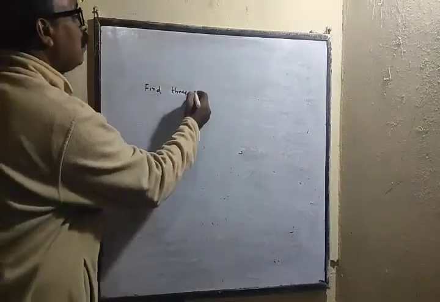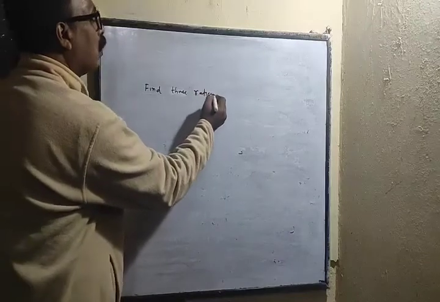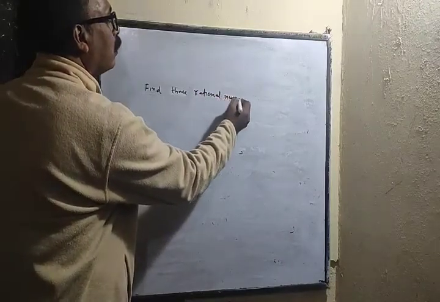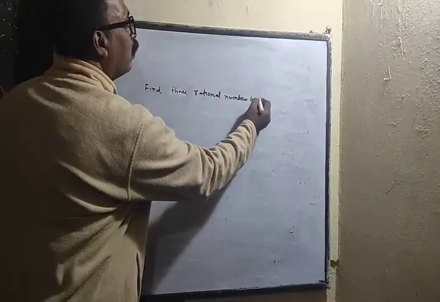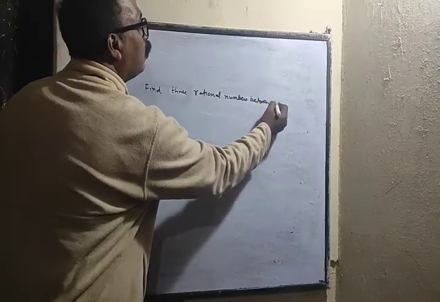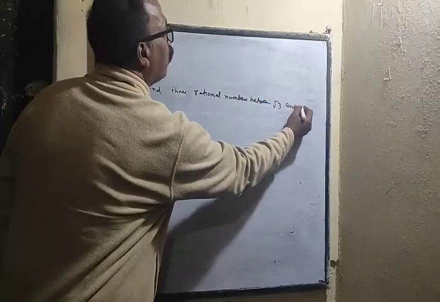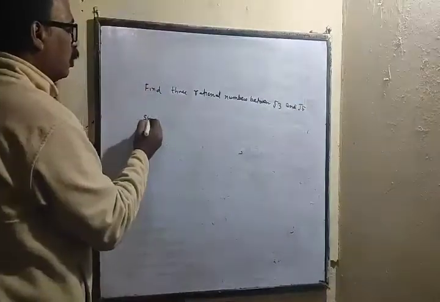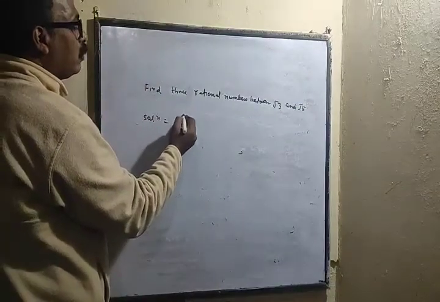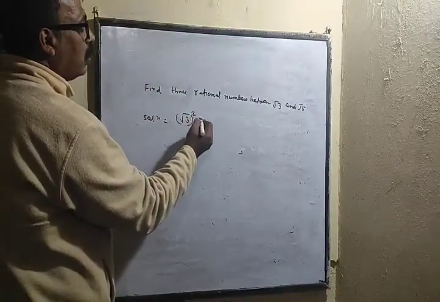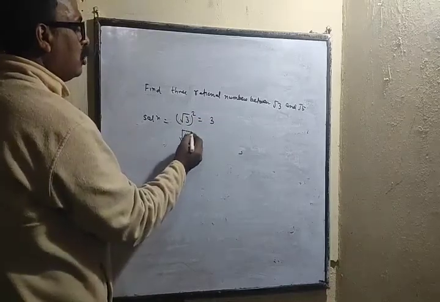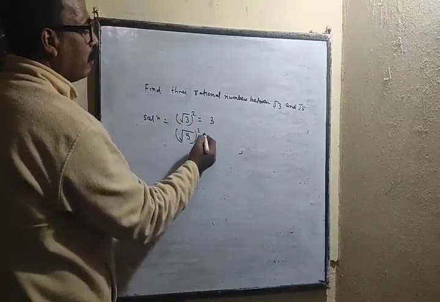Next type of question is: find 3 rational numbers between root 3 and root 5. So in the solution, at first what you will do, you will find the square of root 3. So it will be 3, and the square of root 5 is equal to 5.